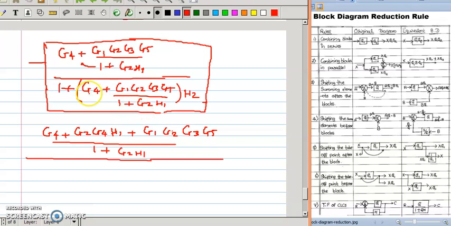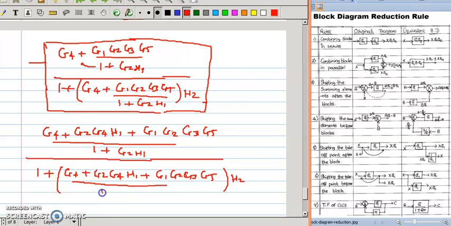Again, we take cross multiplication, but G4 is in the multiplication, so I think two more steps are required. So it becomes G4 plus G2 G4 H1 plus G1 G2 G3 G5. Okay, and this H2 is outside, divided by 1 plus G2 H1.